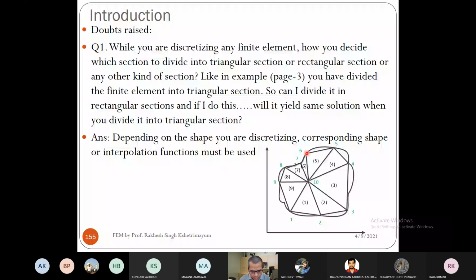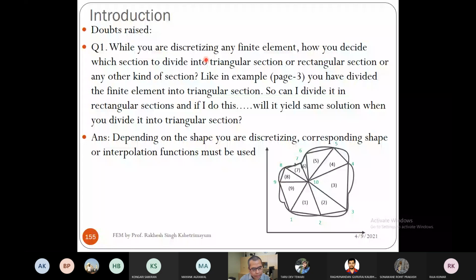If you leave out something here, then it is going to give you less accurate results. So if triangular is fitting well in such kind of structures, then you should use triangular. And if a structure is very good for modeling using rectangular shapes, you can always go ahead. That is your personal choice, and you should make a judicious choice so that you do not leave out any of the solution space.